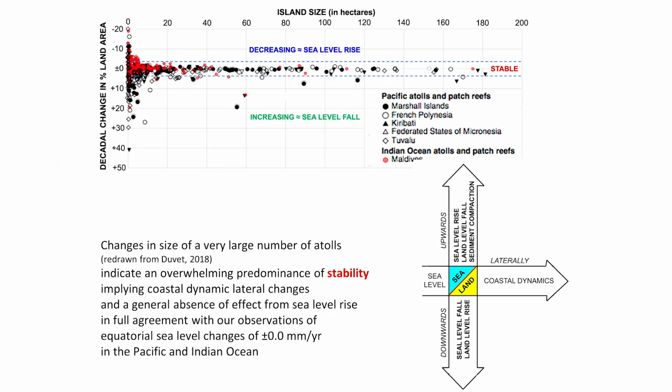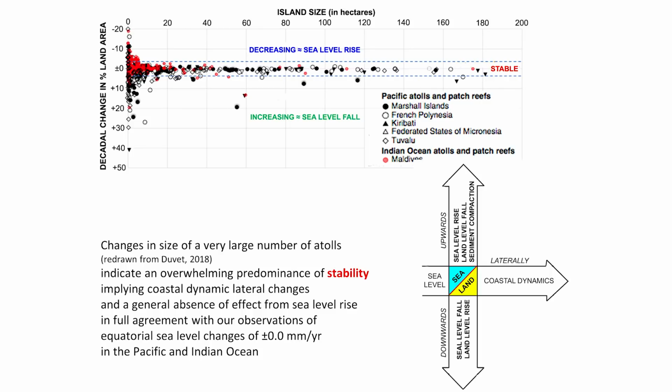There has become a new diagram, which was very badly shown, but if I turn it upside down, it's much easier. So there's 709 atolls in the Pacific and the Indian Ocean.